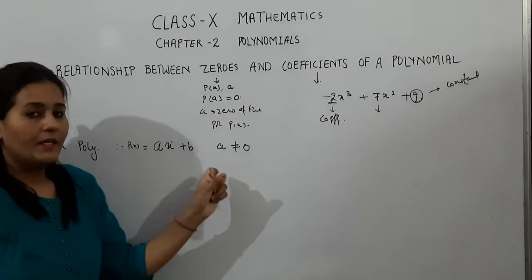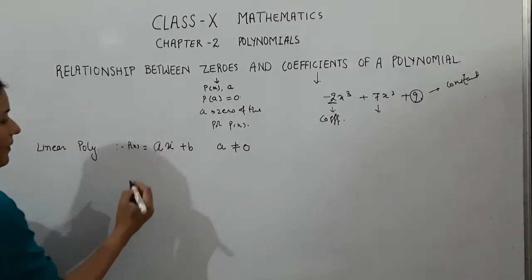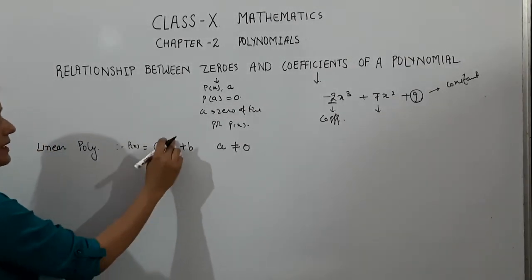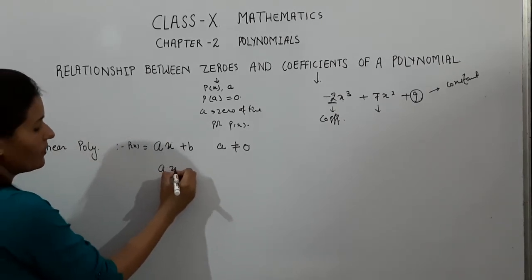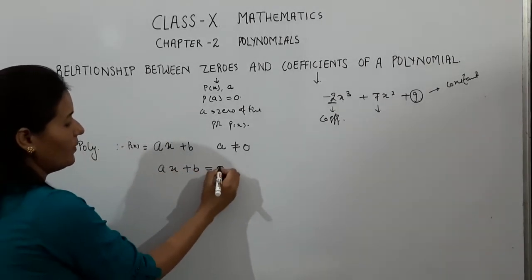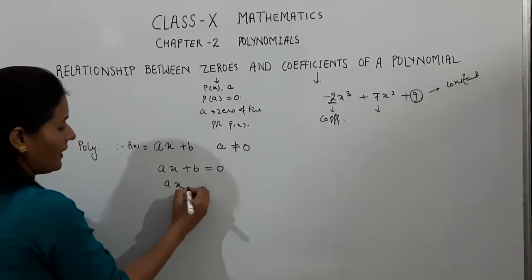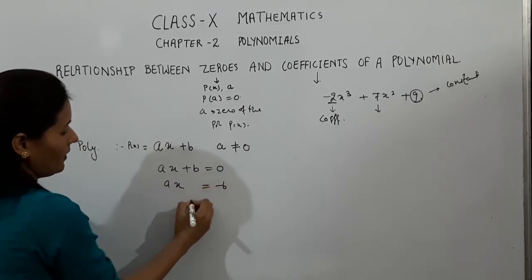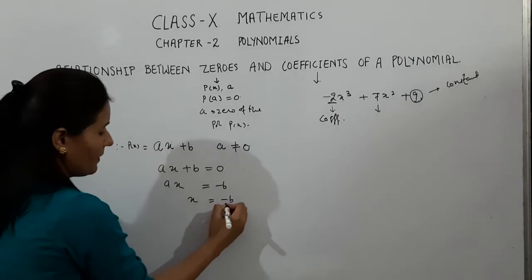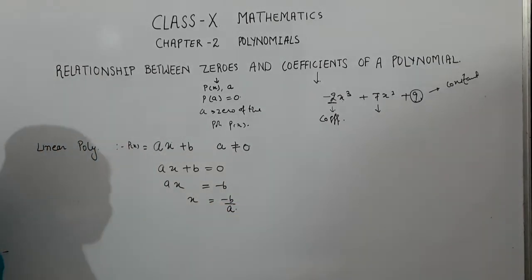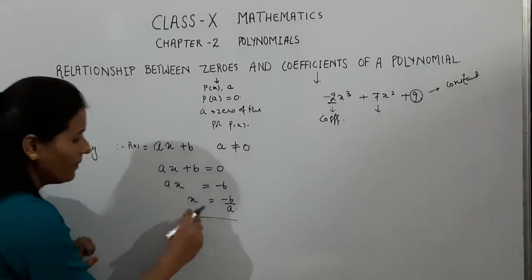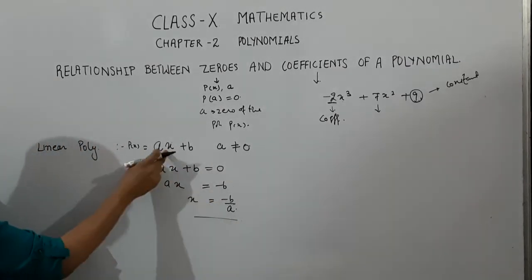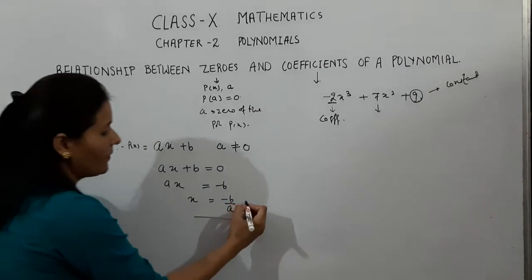So we are taking a linear polynomial, and we have to find its zeros first. To find the zeros, just keep it equal to 0 and get the value of x. The x value is minus b upon a. Now can you see the relation between this zero and these coefficients? Yes. What can we write?